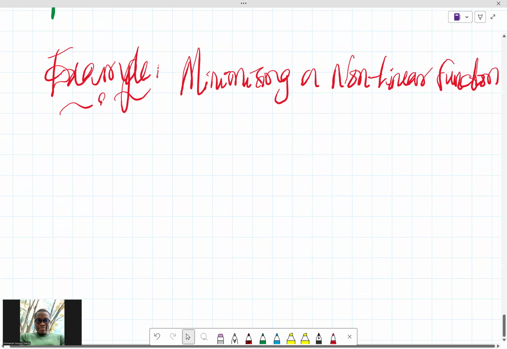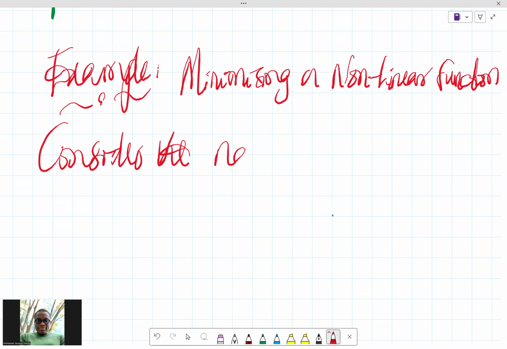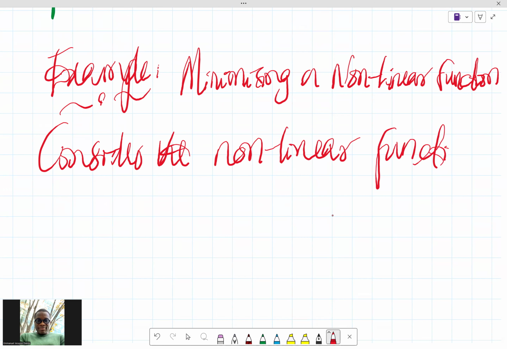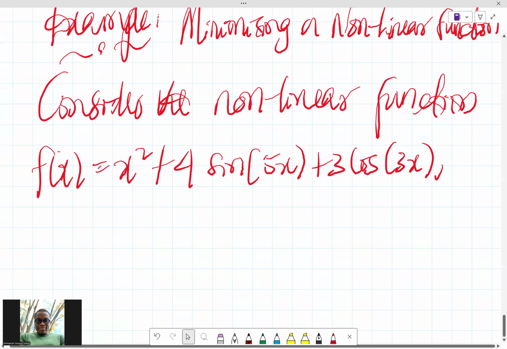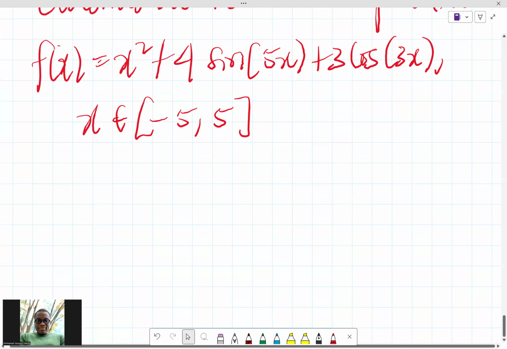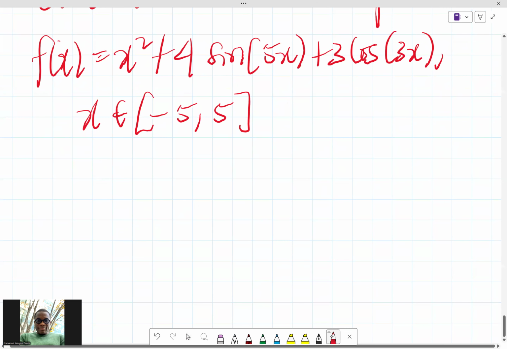Consider the nonlinear function f of x equals x squared plus 4 sine 5x plus 3 cos 3x, for x belonging to the closed interval -5 to 5.